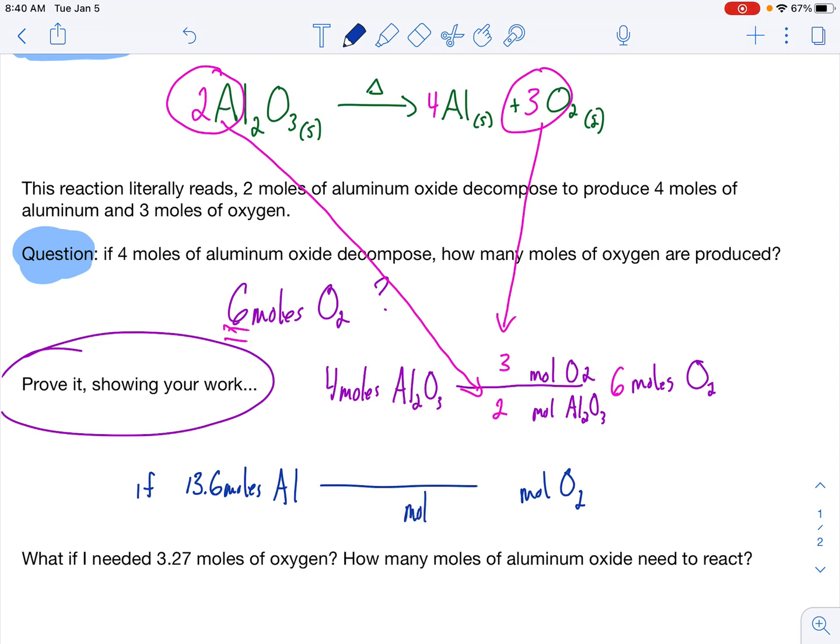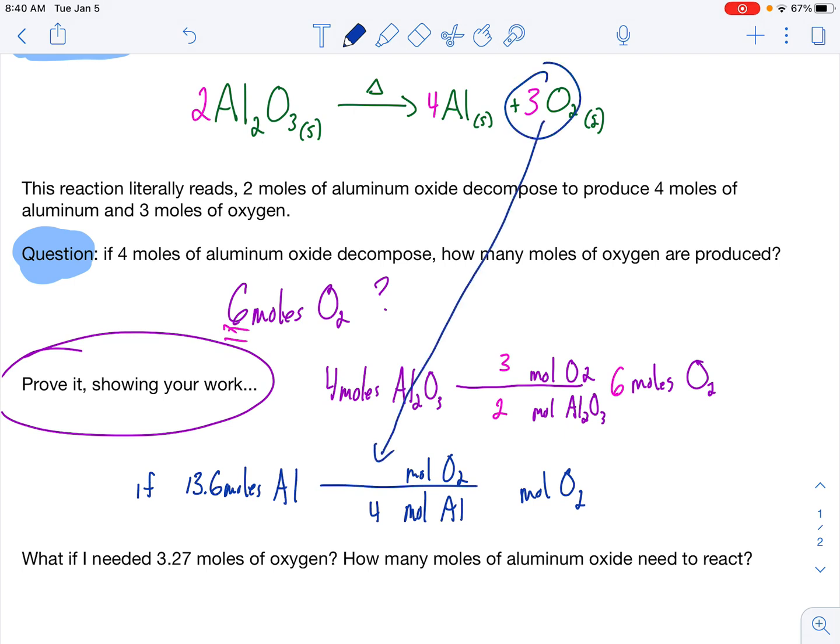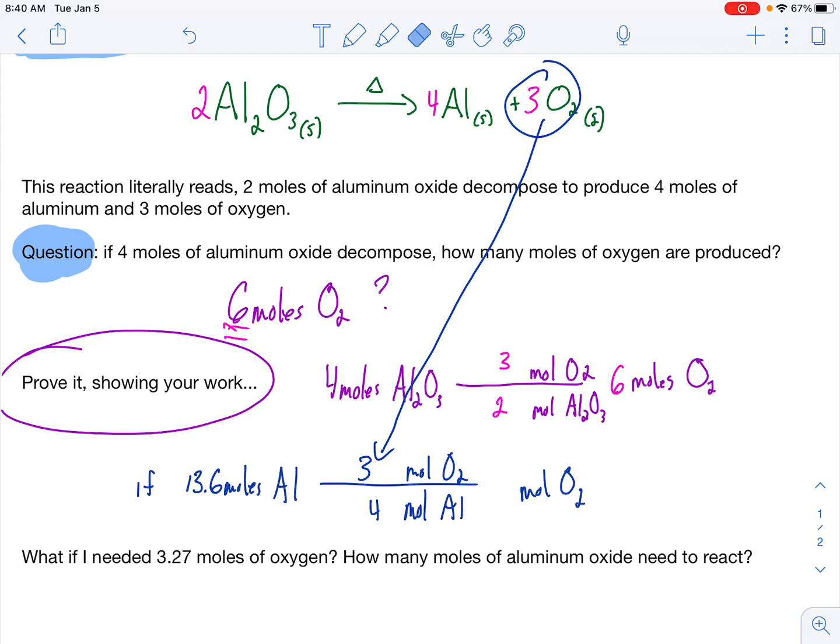Well, moles of aluminum is going to go on bottom, moles of oxygen is going to go up on top, and the values for the ratio that convert one of those things to the other thing, which is stoichiometry in general, come once again from my chemical equation. So here's my aluminum, that's going to go here, 4, and here is my oxygen, that's going to go here, 3.